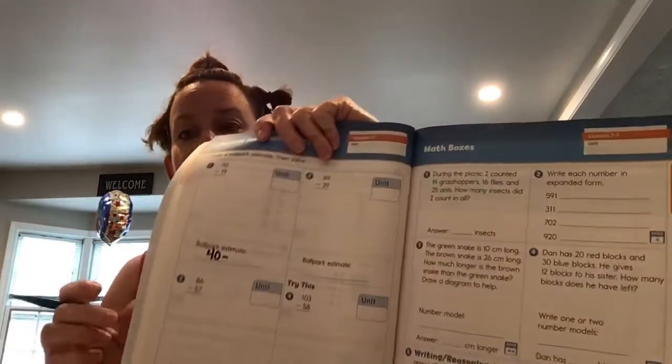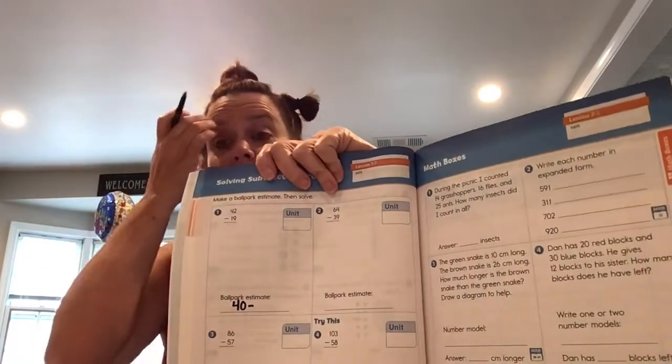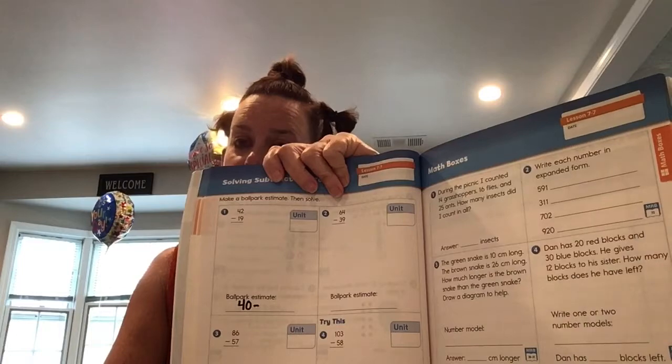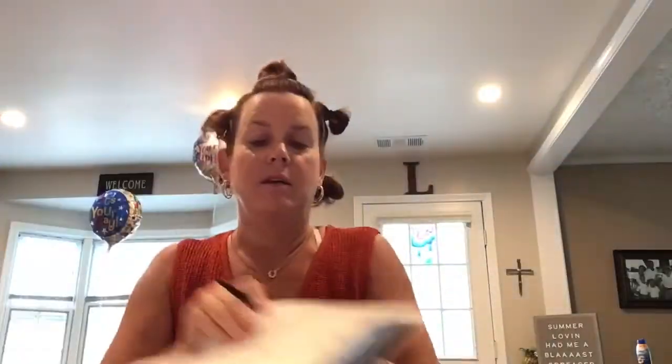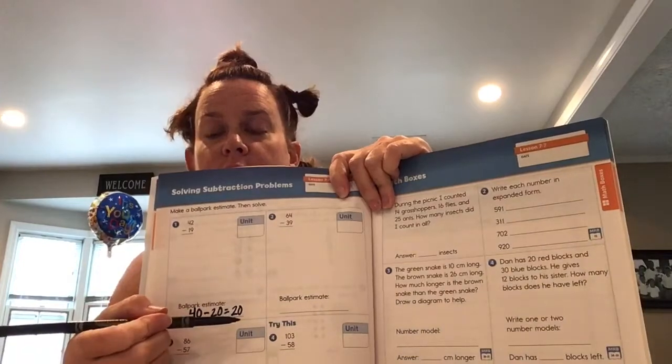The second part of my ballpark estimate would be thinking about the 19 in my problem, and then I think, well, that's between 10 and 20, but it's closer to 20, so I'm going to estimate that at 20. So for my ballpark estimate, I've got 40 minus 20. So what the ballpark estimate does is it gives you an idea that your answer should be around 20.